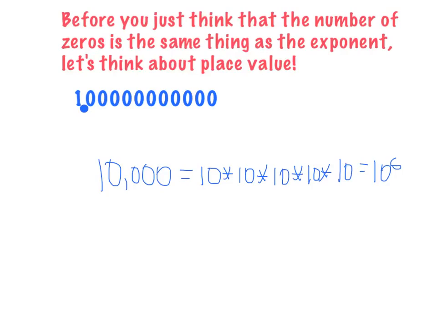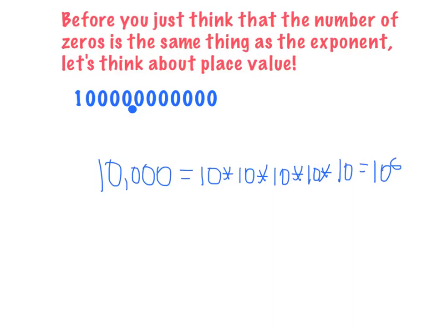Okay, so we can take this decimal point, and every time we multiply by 10, it's going to move the decimal point over. Watch. 1 times 10 is 10. 10 times 10 is 100. 100 times 10 is 1,000. 1,000 times 10 is 10,000.